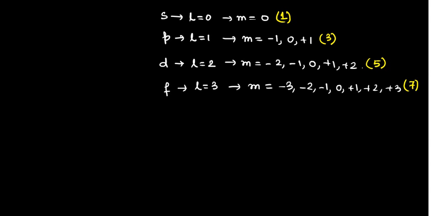So the S subshell has only one orbital, the P subshell has 3 orbitals because of 3 different orientations, the D subshell has 5 orbitals, and similarly, the F subshell has 7 orbitals. So this is all about our magnetic quantum number. And last, we are going to proceed with the spin quantum number.